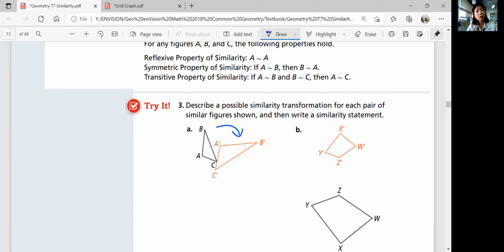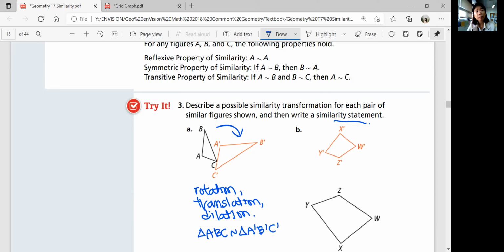So rotation, translation, and dilation may be the transformations that you might use. The similarity statement just means which one is similar to which one. Triangle ABC is similar to triangle A prime, B prime, C prime. That's it.